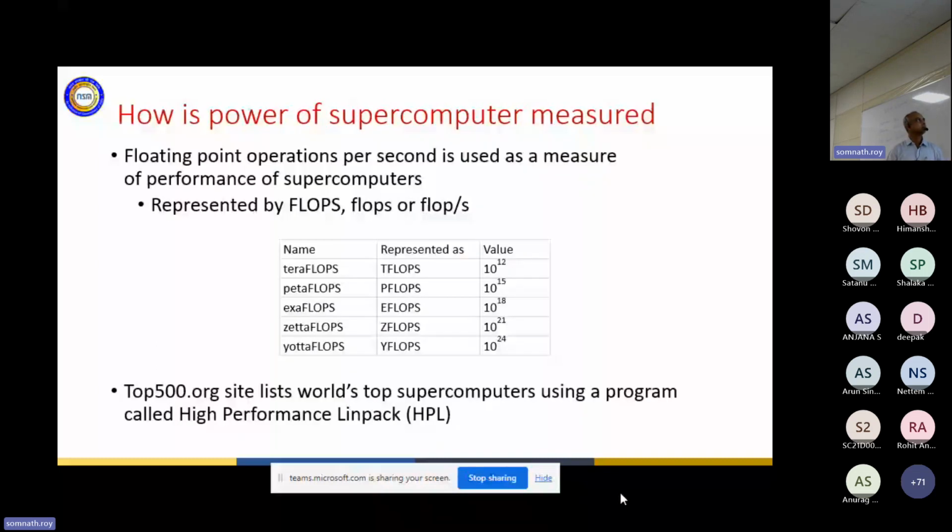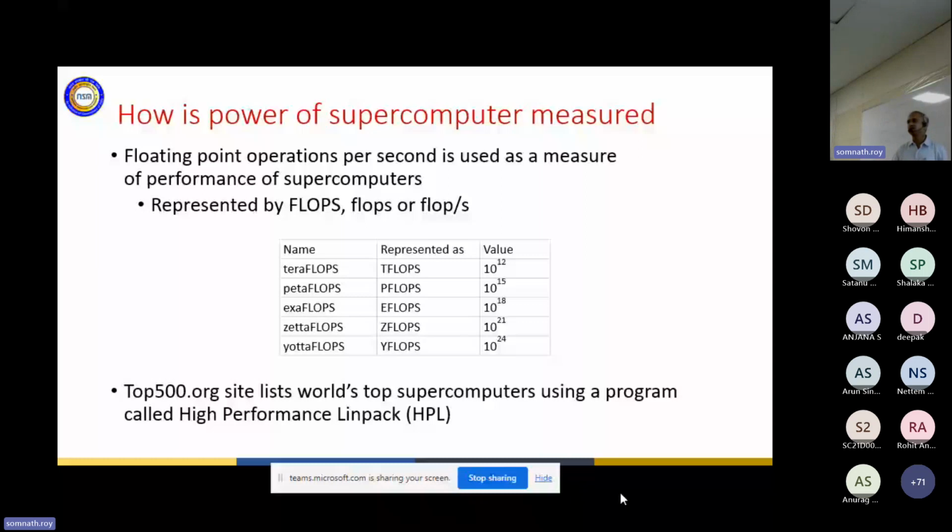As I mentioned, it is the number of floating point operations one can do in a second. So all these terms are used interchangeably, but it is floating point operations per second. And you have gigaflop, teraflop, petaflop, and today the fastest computer can do 10 raised to 18 floating point operations in a second.